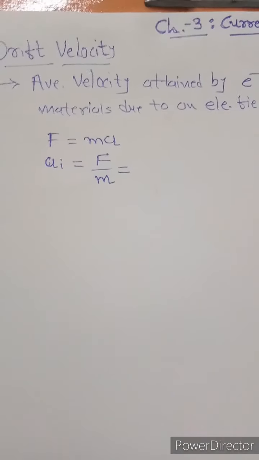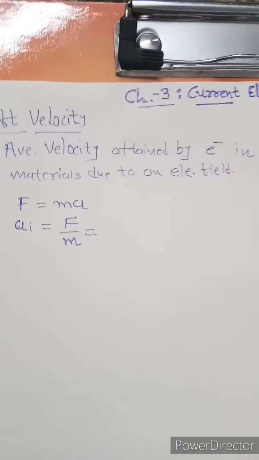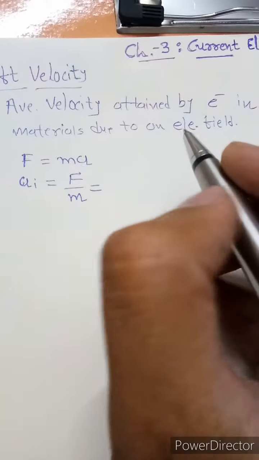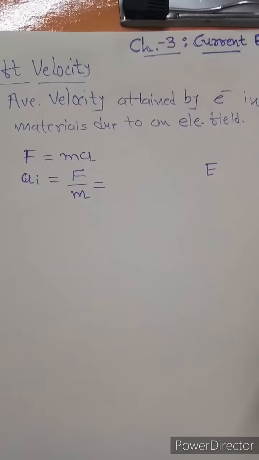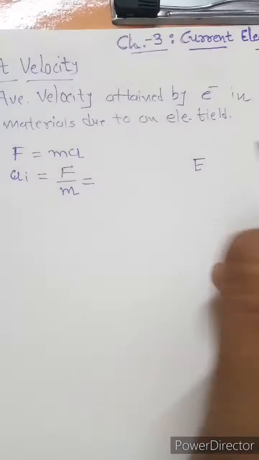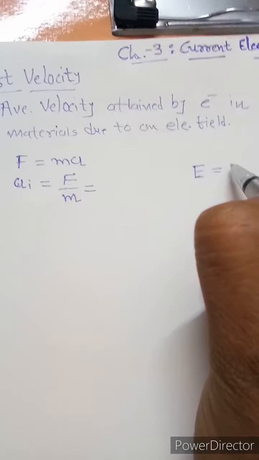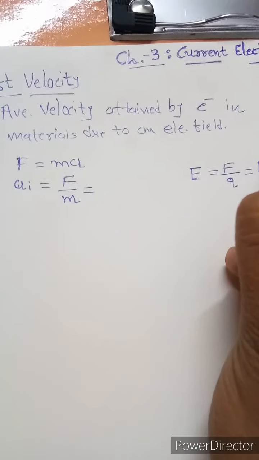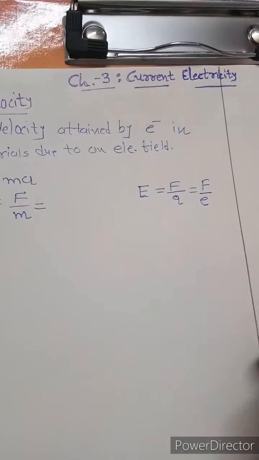So here what is F? As we know, drift velocity is due to an electric field. It means it has some electric field E. We are having charged particles like electron. So there is a relation between electric field and charged particle, which is E is equal to F by Q, and here it is electron, so its formula becomes E is equal to F by e.